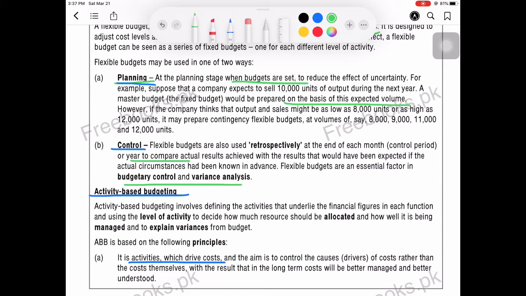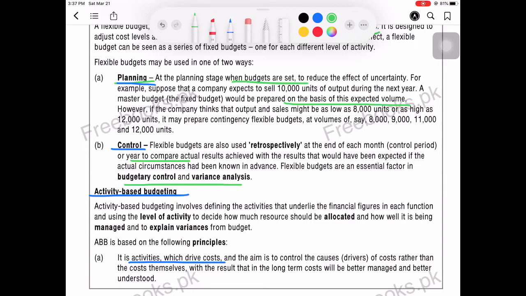So whatever the differences are, that would be used as a control, the variances. So this is the flexible budget which you prepare from the standard budget, that will be used for controlling purpose.